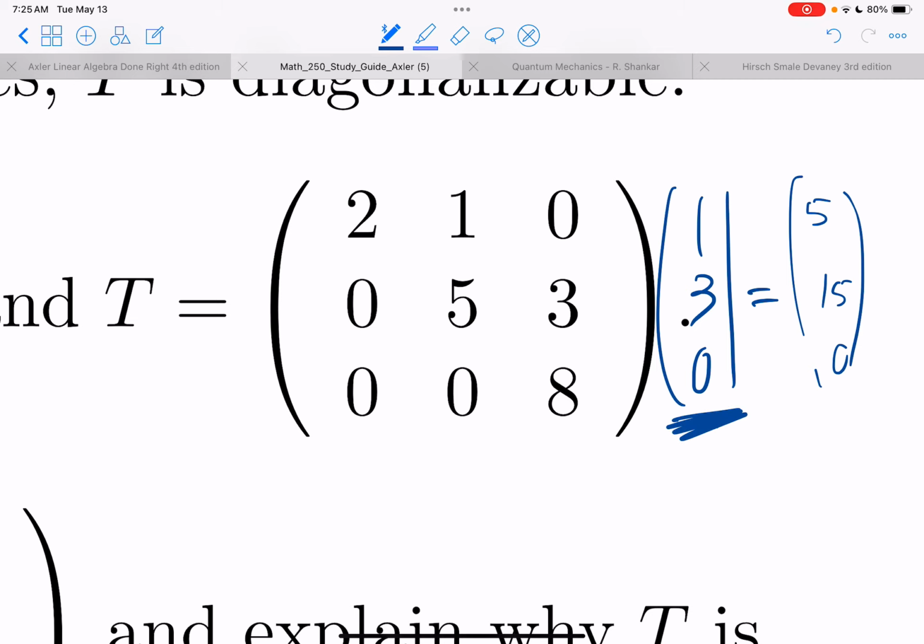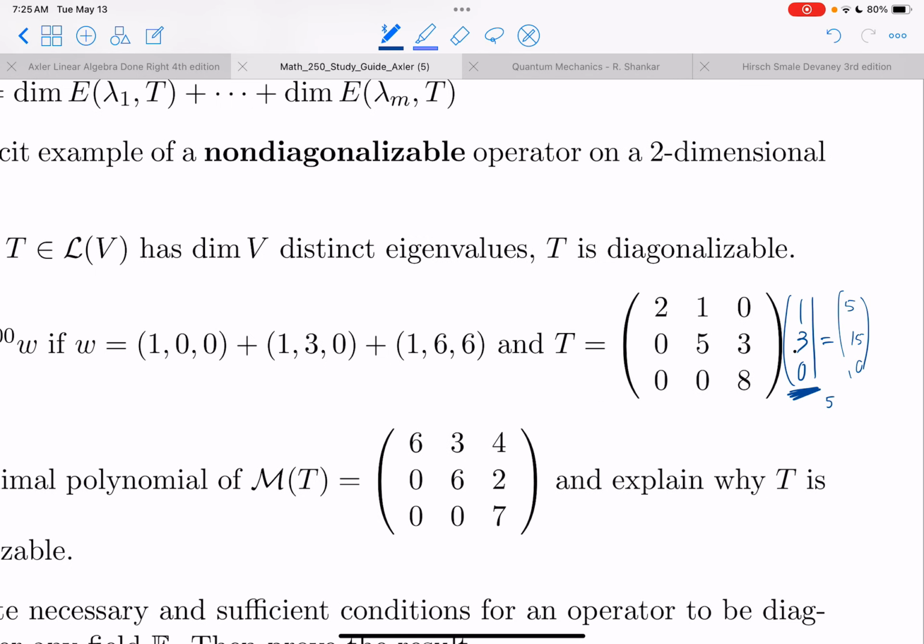So 1, 3, 0 is an eigenvector with eigenvalue 5. This one has eigenvalue 2. And what's 1, 6, 6? 2 plus 6 is 8, so it has probably eigenvalue 8.